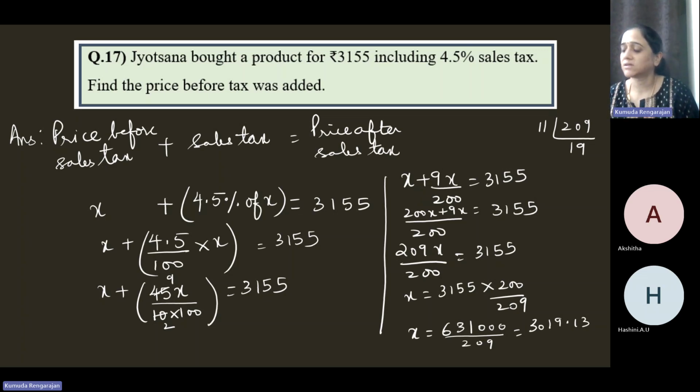We got it as 20. You didn't shift the decimal point. Yes, 20.9, if we multiply by 10, you'll get it. Shift the decimal point.